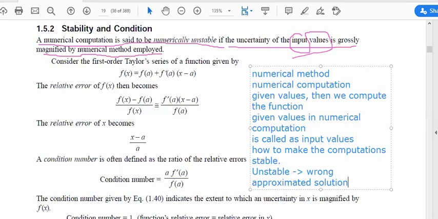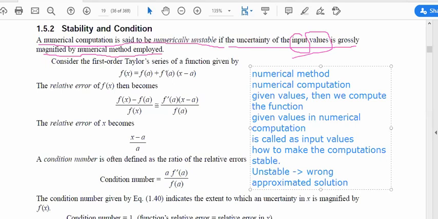The numerical method gives us the approximated solution, not the exact or true solution, which is what is acceptable.